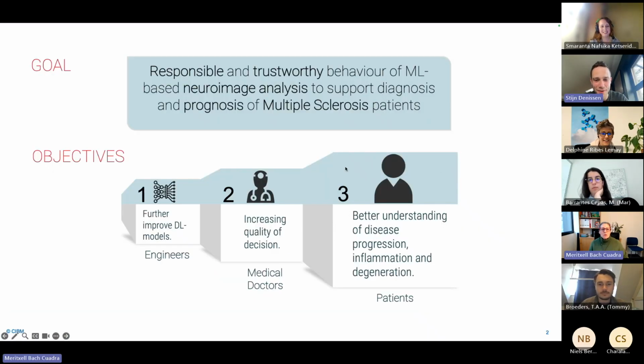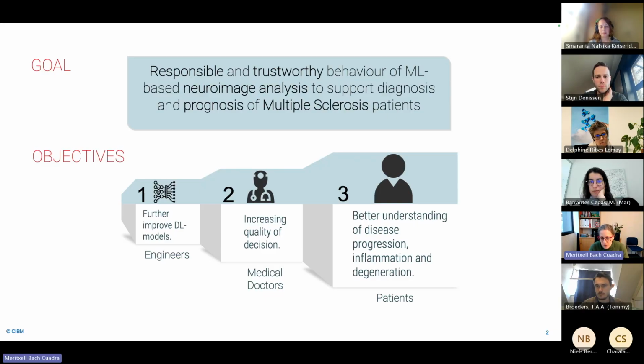Today I wanted to start with the research goal that we have in the context of the application of MS, which is one of the domains of application I work on. It is really to develop responsible and trustworthy behavior of machine learning algorithms, mostly focused on neuroimaging. We will see a lot of MRI today, and that really aims at supporting the diagnosis and prognosis of the patients.